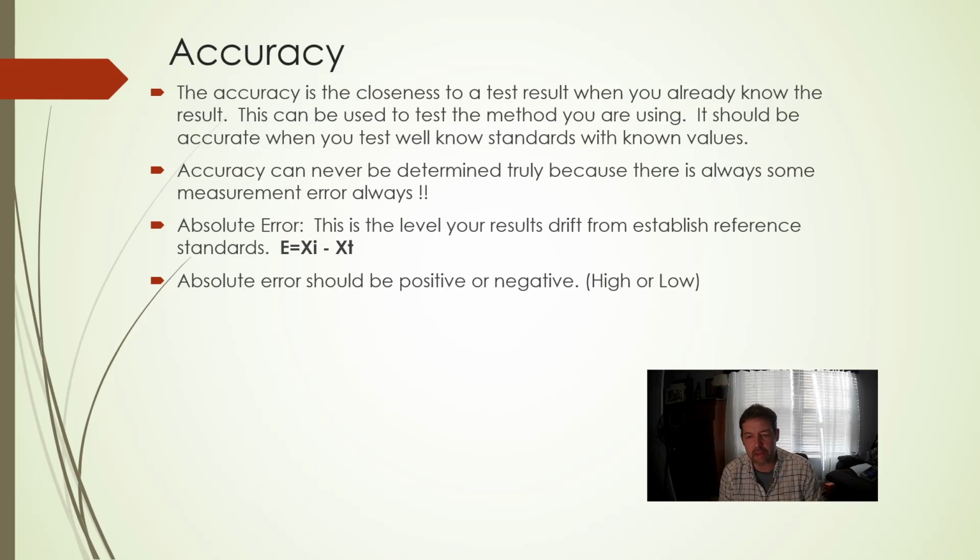So you'd have NIST or USP grade standards if you're in the pharmaceutical industry. You would prepare a sample the same way you're preparing your samples, carry it through, and it should give you not exactly, but close to the same result. So you should always be looking at the accuracy of your method. Things can drift. Your instrument can drift.